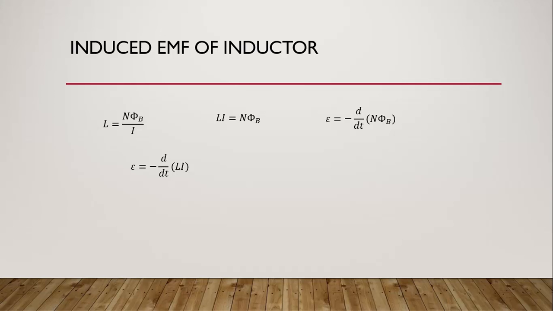Well, I know N times flux is the same thing as saying L times I, right? And so if we plug that in, since L should be constant, we get the EMF of an inductor is L times dI/dt.